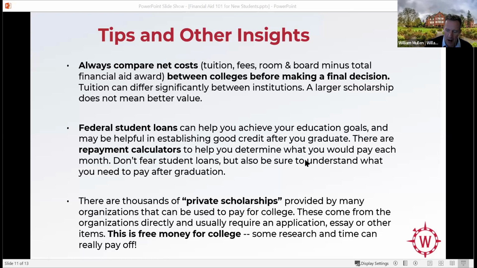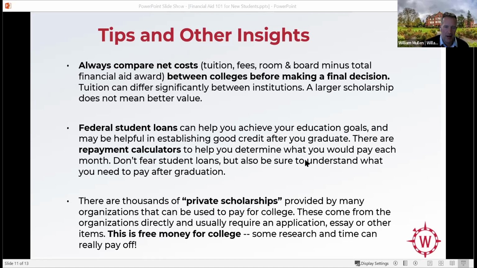There's a lot of hesitancy to take federal student loans. I understand that. They can be very helpful for students in achieving their goals. This is one way that students can establish good credit after they graduate. There are some pretty good repayment calculators to let you know and determine what you would pay each month.